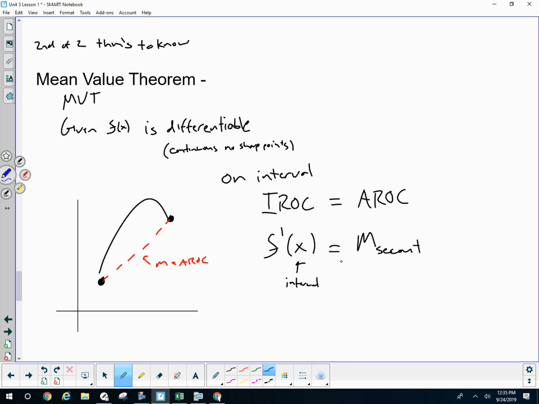Now, since we're talking about slopes being equal to each other, we know that we will create lines that are parallel to each other. So here, right around here, I have a location where my tangent slope equals the secant slope, which means these 2 lines are parallel with each other. The mean value theorem guarantees that there is at least one x location for this to occur.